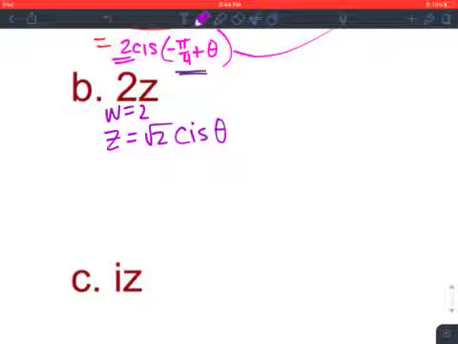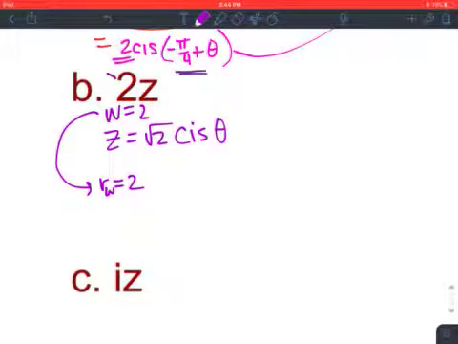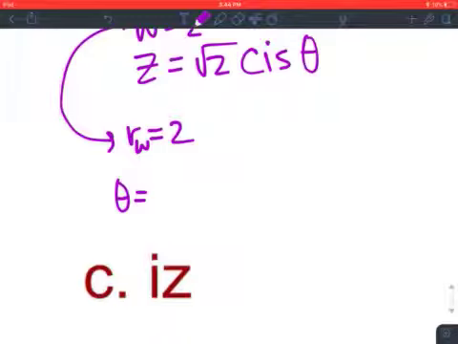So if I want to rewrite in polar form for W, well, I have that already, my R is equal to 2 for W, and theta for W. Let's see, if it got rid of sine and it got rid of cosine, then what angle would that be? It got rid of sine, so that means it must be pi over 2.